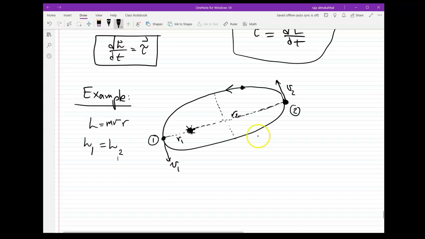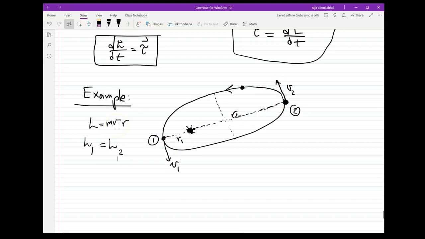It means the angular momentum of the Earth around the Sun at any point on its trajectory is exactly the same number. Well, the only way you can make those two the same, even though the radii are different, look at the radius here and the radius here, this is much shorter, the only way you can do that is to make the speed here go faster and the speed here go slower, in order to make the product mvr the same.